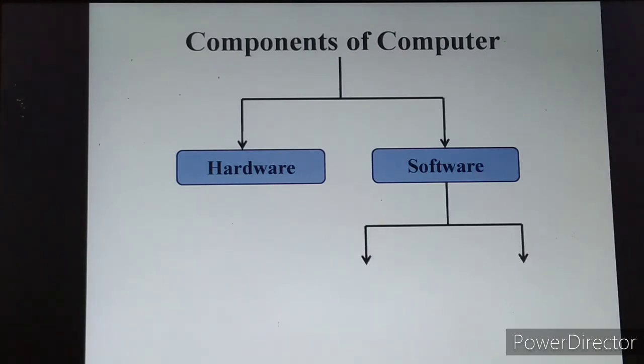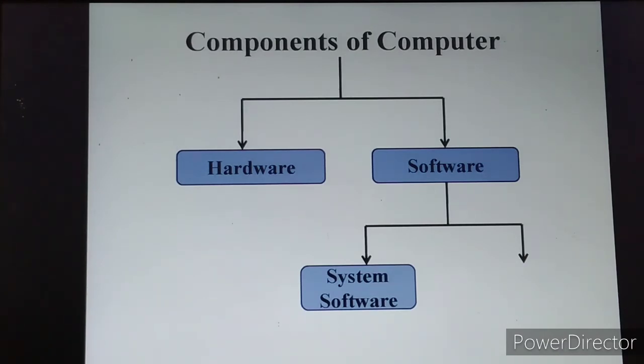Software has two types. First is system software. What is a system software? A system software controls and manages the different activities happening in a system. System software consists of an operating system which helps the computer to run.